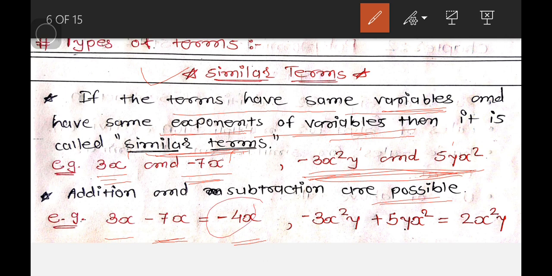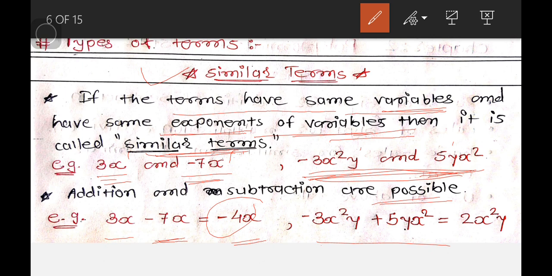So addition and subtraction are possible for similar terms. Here is one more example, minus 3x square y plus 5yx square. Here also you can see that both terms have the same variables with the same exponents, so we can do addition or subtraction.